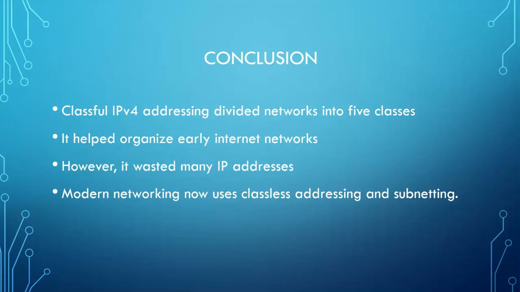And so now modern networking uses classless addressing and CIDR instead. Even though classful addressing is no longer widely used, it's still important to understand because it forms the foundation of many networking concepts. Thank you for listening to my presentation on classful IPv4 networks.